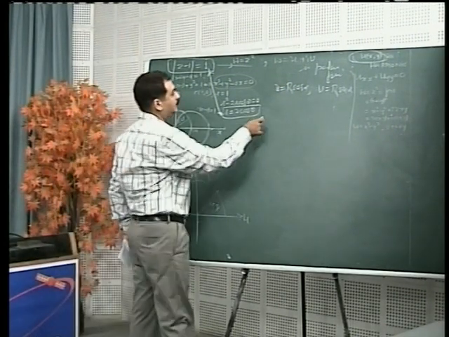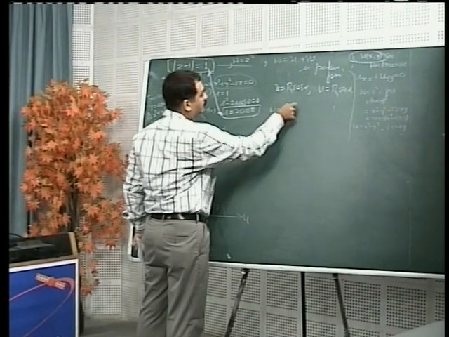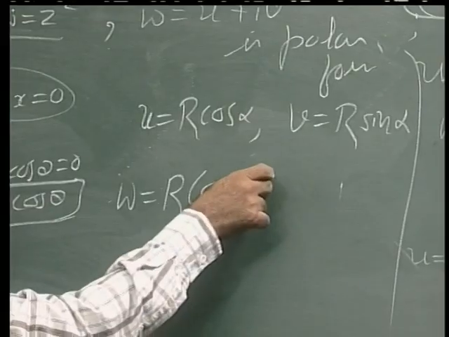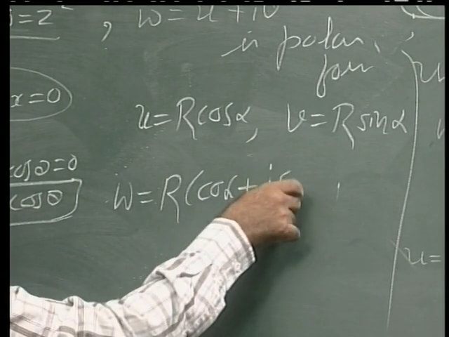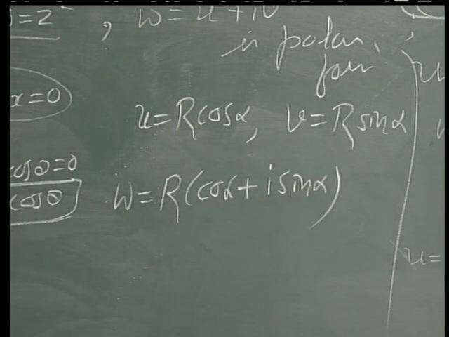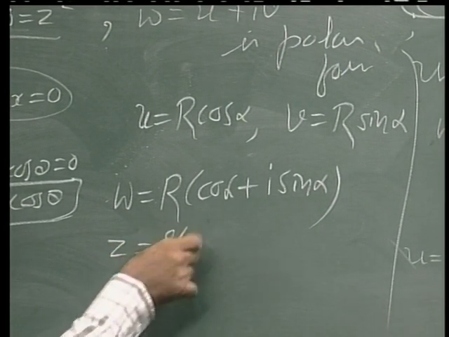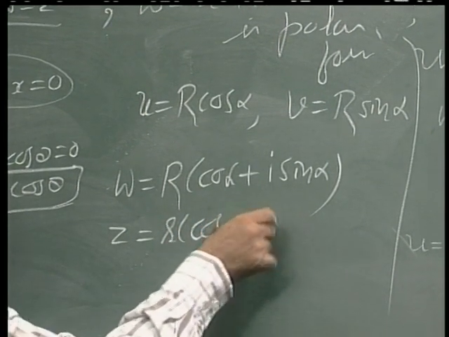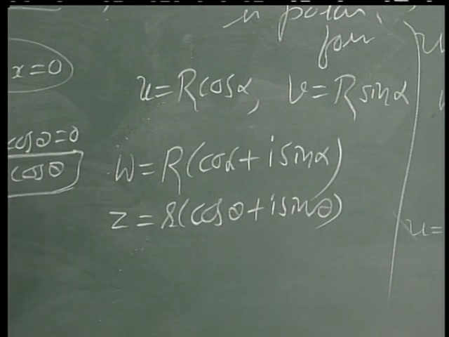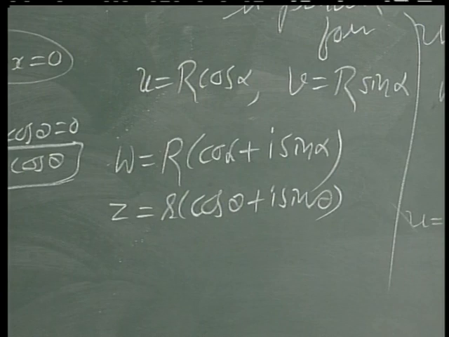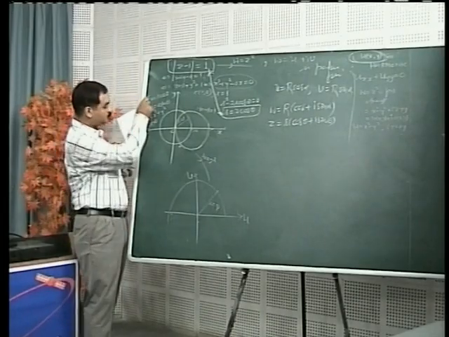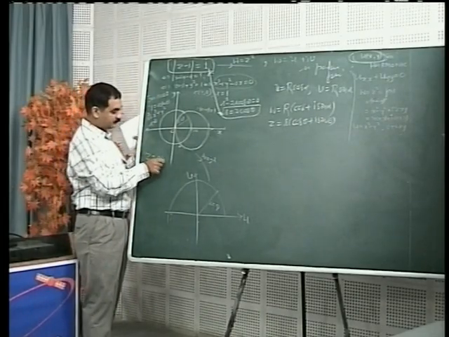So W is R cos alpha plus i sin alpha. Now what is W equal to z square? Z is r cos theta plus i sin theta. We know the complex number in polar form, and it is given here also. Z is x plus iy.